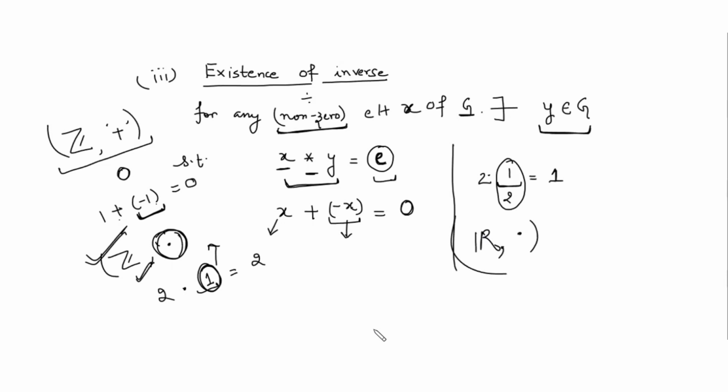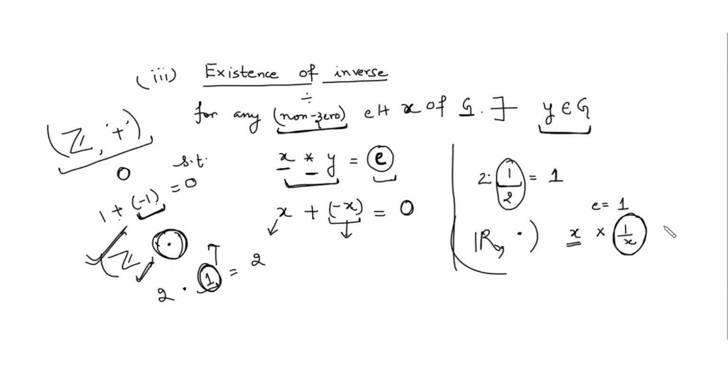then what will be the identity and what will be the inverse with respect to the operation multiplication? Identity will be 1. Yes, identity is 1 and inverse is, if x is any real number, then 1 by x. That is also a real number, right?